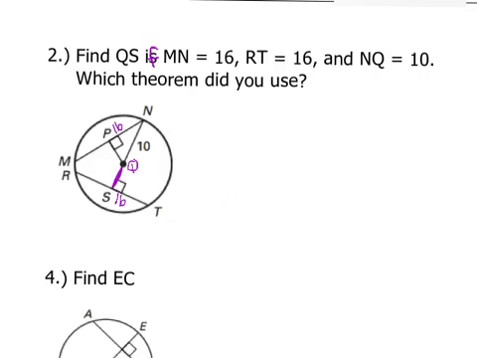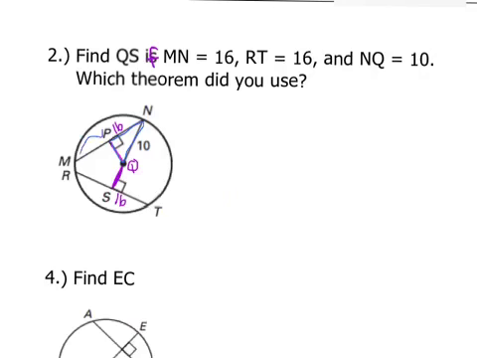So how can we find the length of QS knowing what we know? Okay, he said, can't we use the Pythagorean theorem to first find the length of PQ, because that will be the same as QS? Absolutely. So what we're focused on here is this little right triangle.